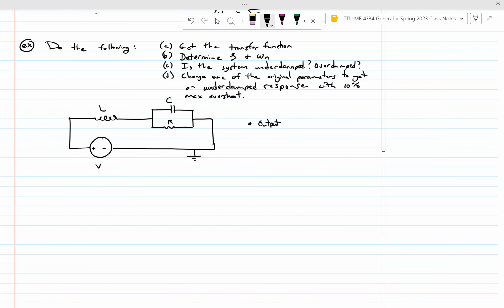Our output is the voltage of the resistor. We have zeros for our initial conditions. And let's say C is equal to 2 farads, R is equal to 0.1 ohms, and L is equal to 200 henries, as I believe the unit.